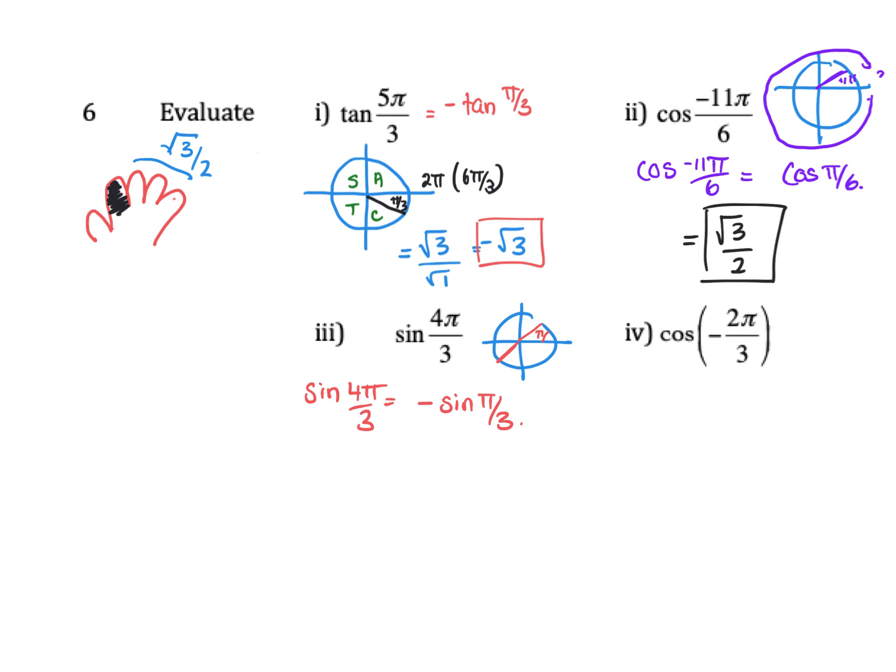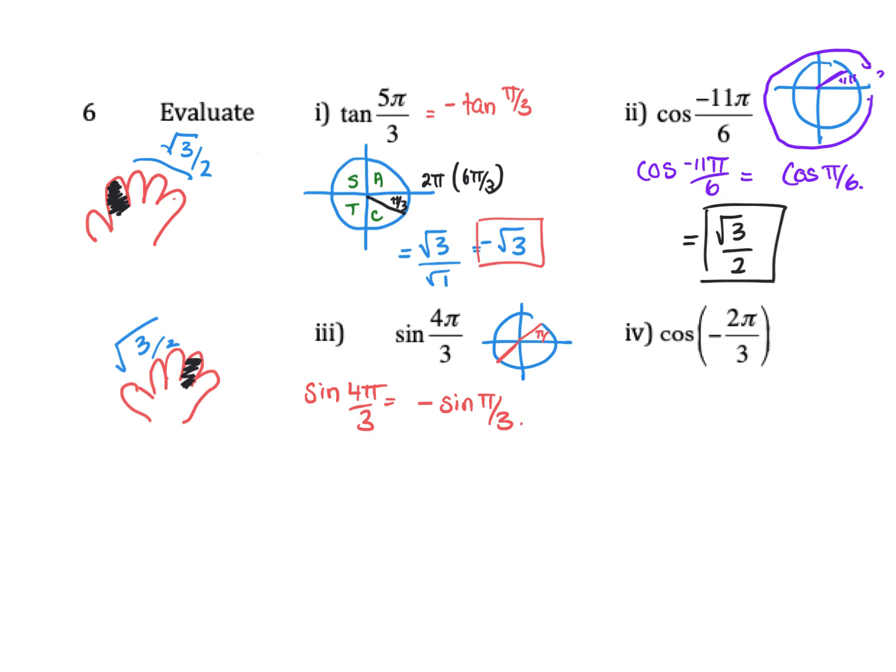Okay, so what we're going to do is do our hand trick, and we want sine pi on 3, which is this finger down there, and remember that sine is the square root of the left fingers over 2.